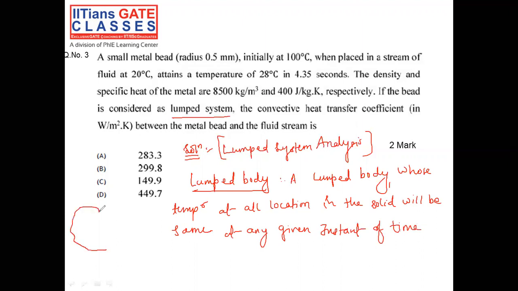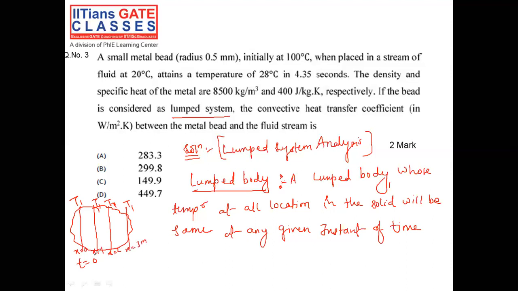Let's get an idea of the meaning of the definition we already have about the lumped body. Let's say at time t equal to 0, we look at the temperature of the body with respect to position. Let's say the temperature of the body is T1 at all locations, x equal to 0, x equal to 1 meter, x equal to 2 meter, x equal to 3 meter.